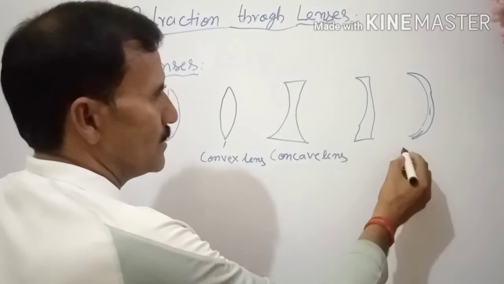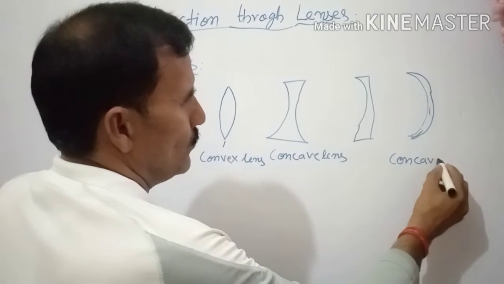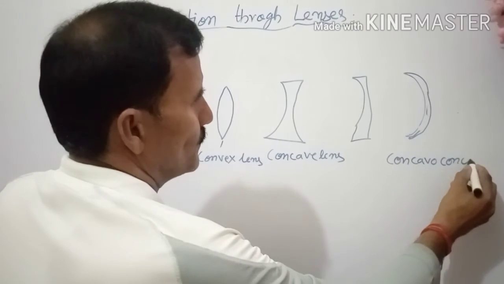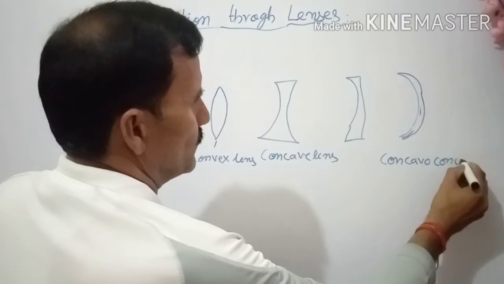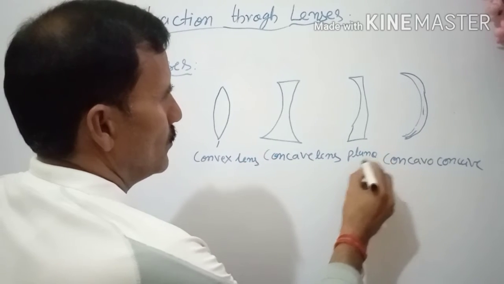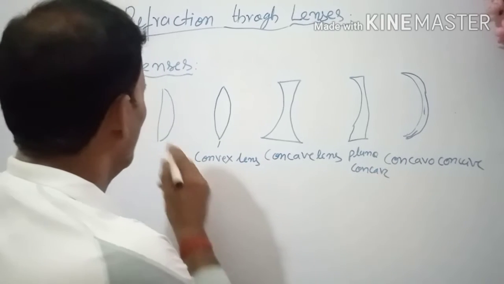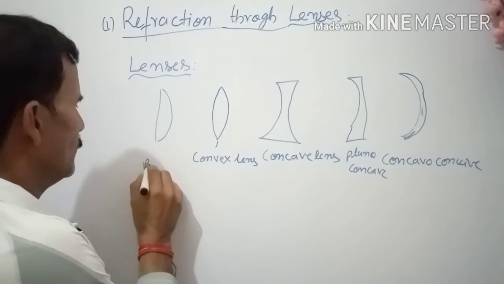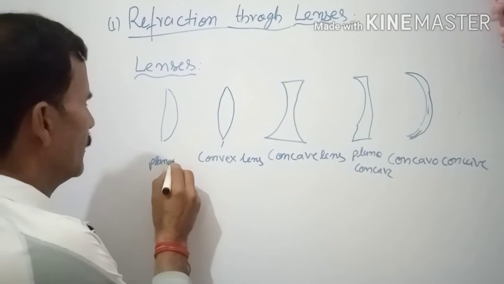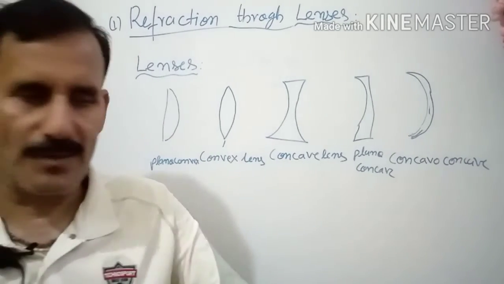What is this? Plano-concave. And this is plano-convex. So these are the different types of lenses.